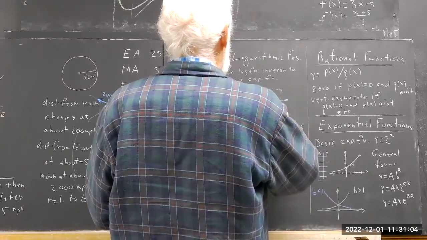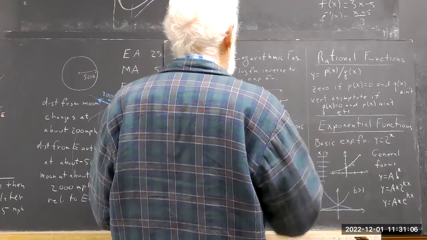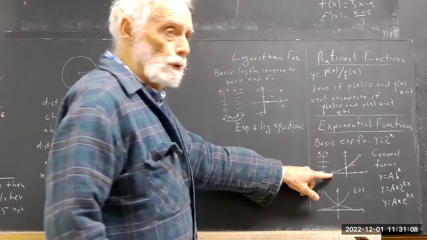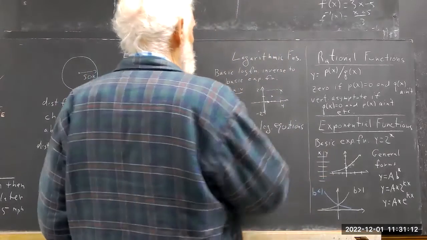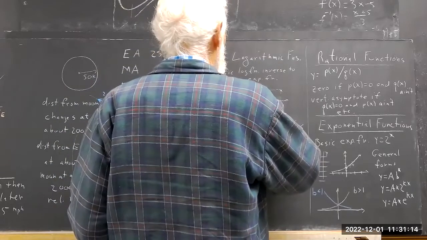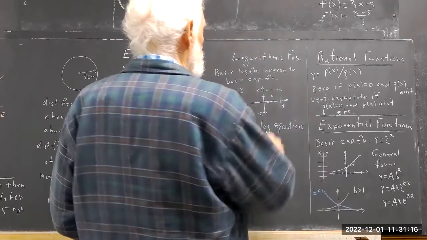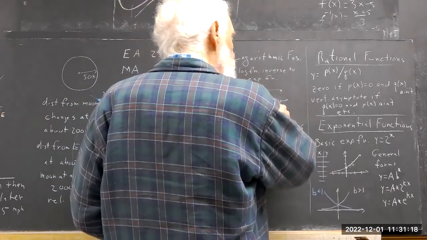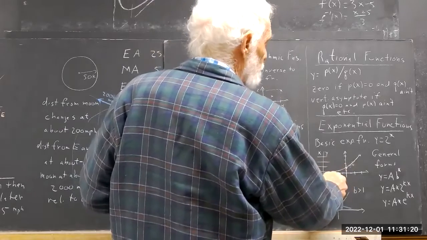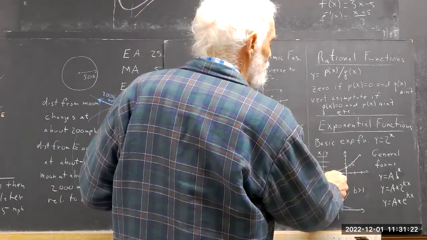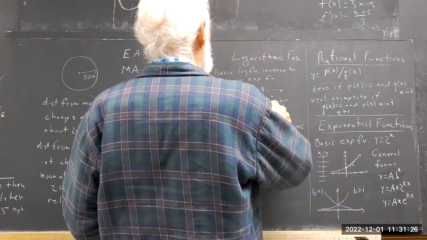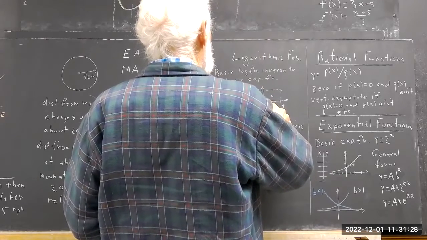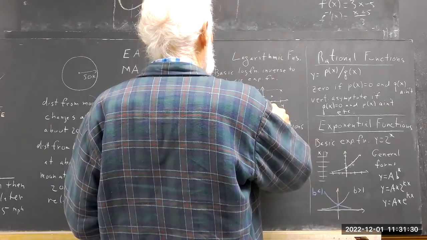And then x equals 1/2 and 1/4. You take the point -2, 1/4, and you get the point 1/4, -2. Take the point down here, -1, 1/2, and you get the point 1/2, -1. Well, it's going to be about here.